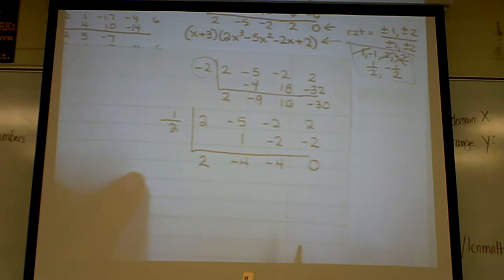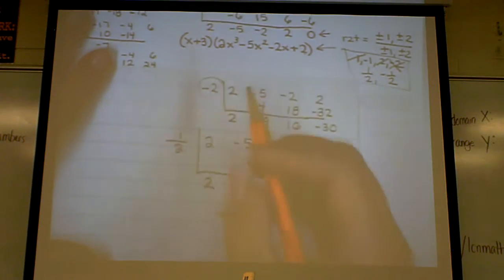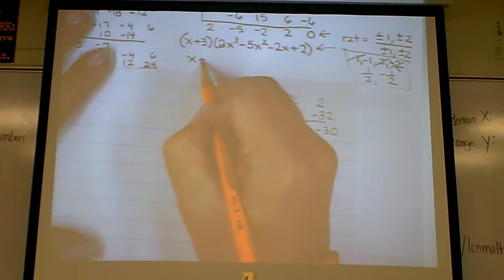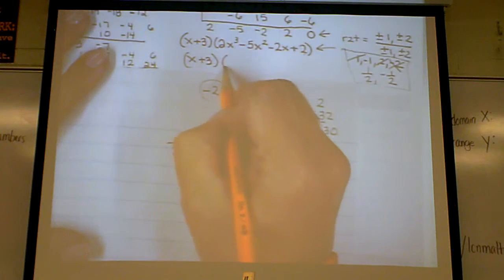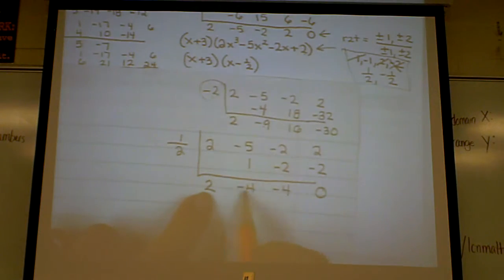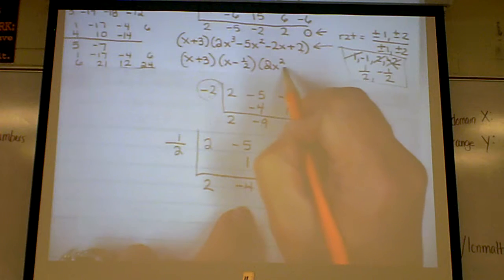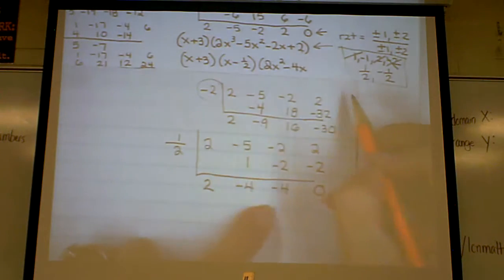So what we have, we want to keep a running total here. So 1/2 worked. So what you have is x plus 3, x minus 1/2, and then what's left here? 2x squared minus 4x, and then minus 4.